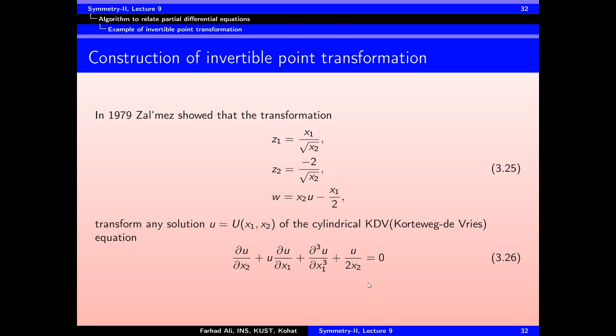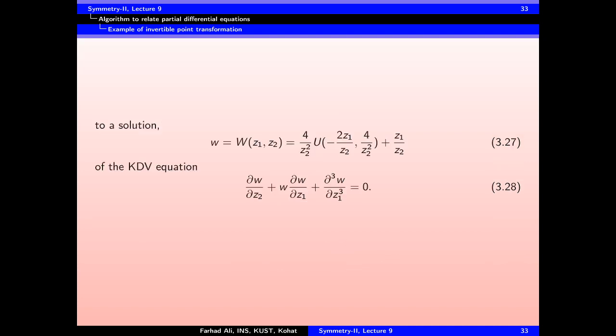This is non-homogeneous. So we will take a mapping between the cylindrical KdV equation and the KdV equation, and we will find a mapping, and that mapping will ultimately give us the solution to the KdV equation. This one.